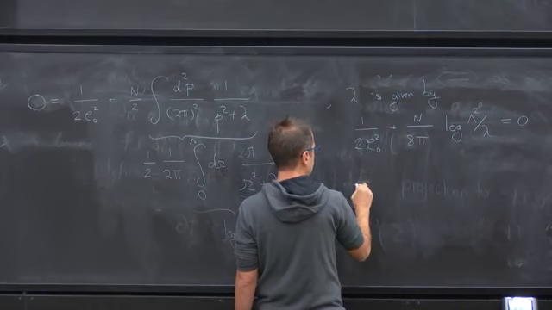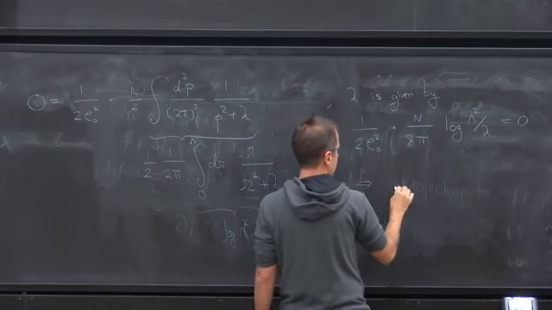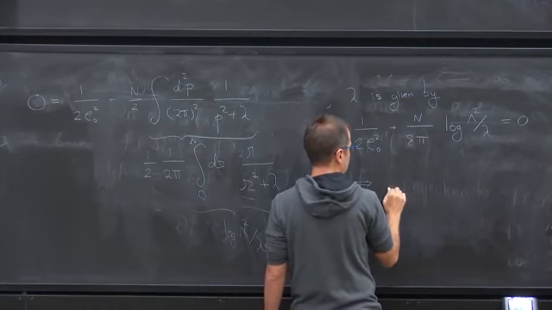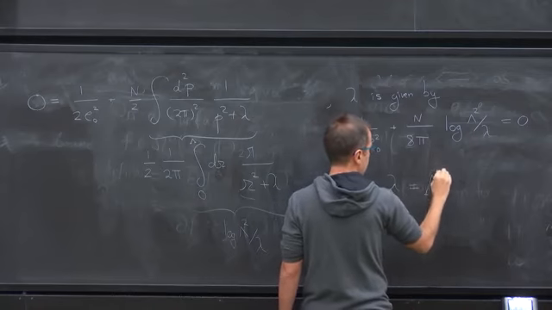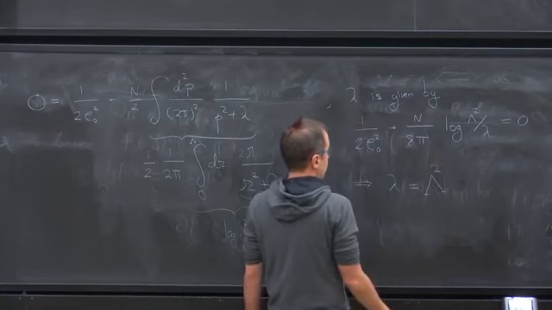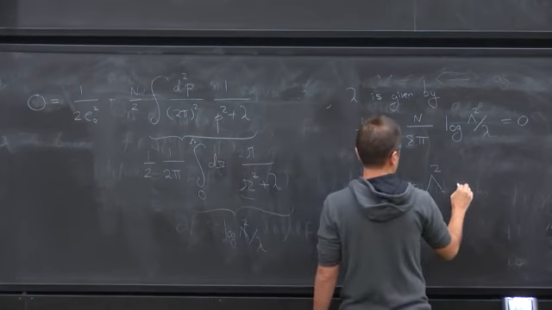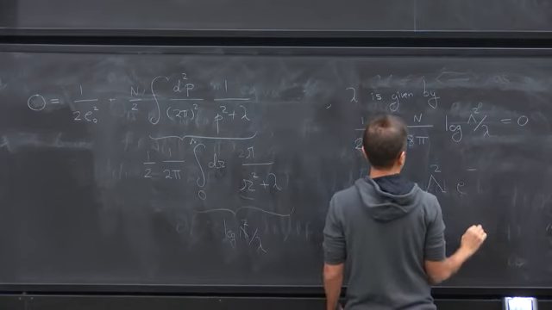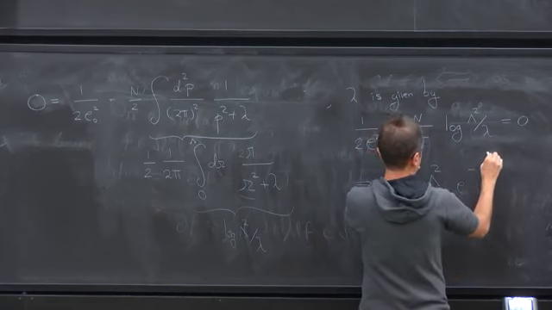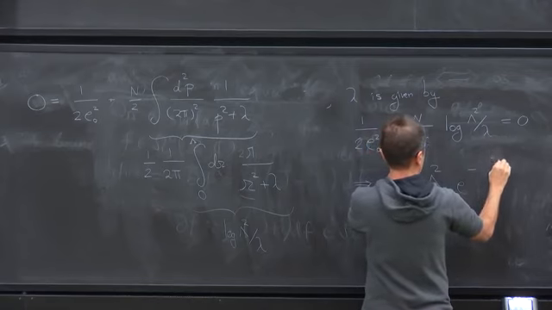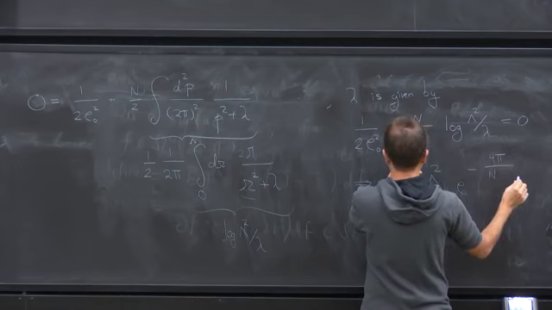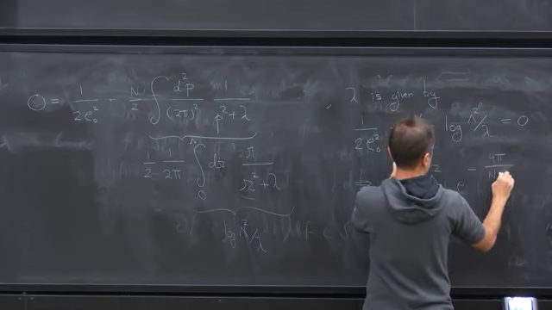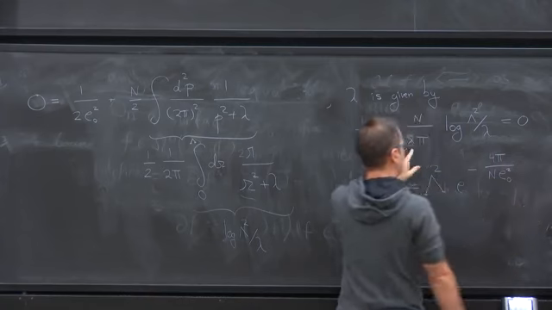In other words, let me write lambda is equal to capital lambda square exponential of minus 4 pi over n E0 square.